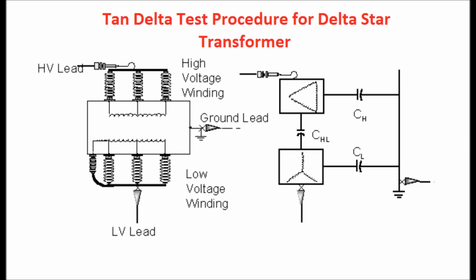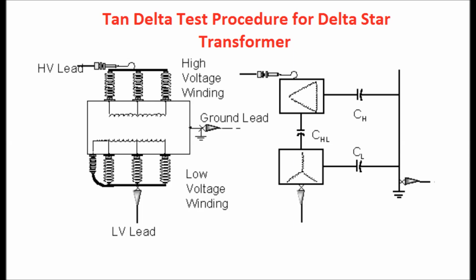Again, the LV side winding is star connected, so we have to short the red, yellow, and blue phases with the neutral, and the LV lead is connected to that, and the ground lead is connected with the body or ground path. So here three capacitances are formed.